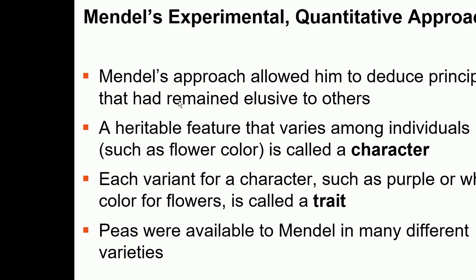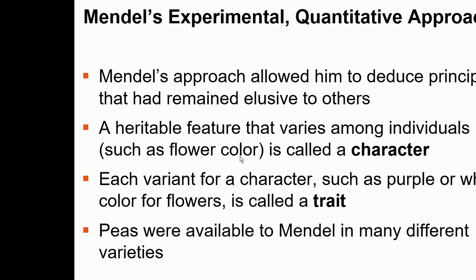A character is a heritable feature that varies among individuals, such as flower color, or the color of the seeds or the texture of the seeds. These are all features which differ among the individuals, and they are called characters.